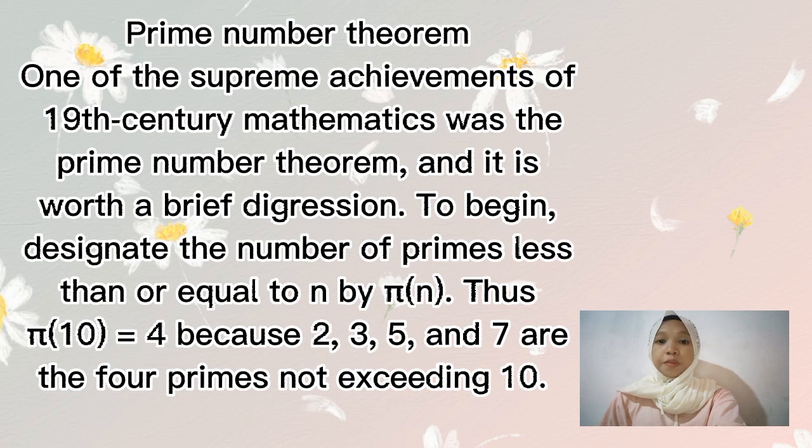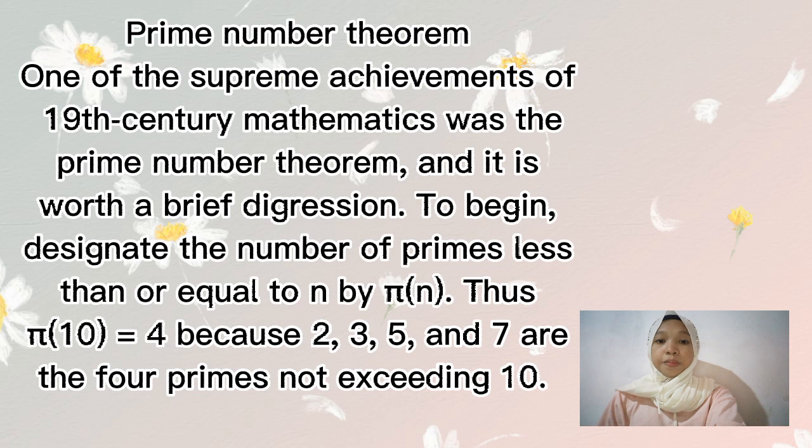The prime number theorem was one of the supreme achievements of 19th century mathematics, and it is worth a brief digression. To begin, designate the number of primes less than or equal to n by π(n). Thus π(10) equals 4 because 2, 3, 5, and 7 are the four primes not exceeding 10. Similarly, π(25) equals 9 and π(100) equals 25. Next, consider the proportion of numbers less than or equal to n that are primes.